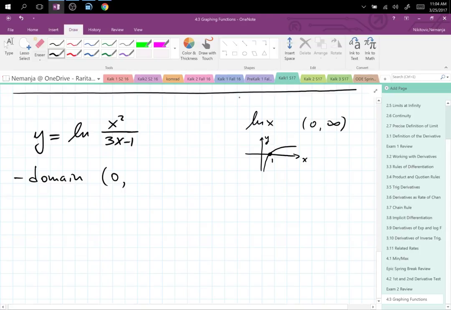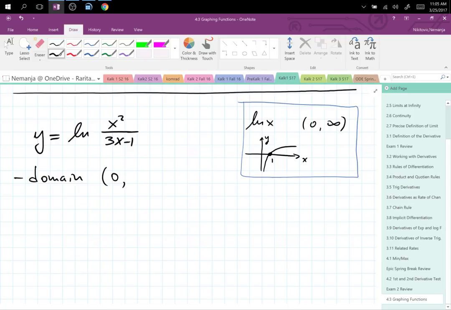This is what I consider common knowledge. We are trying to graph something much more interesting. Because x squared over 3x minus 1 is 0 when the numerator is 0, that means the domain starts at 0. Now, looking at the denominator, we're going to have an issue at 1/3, right? 1/3 is going to give us 0 in the denominator, and when we have 1/9 divided by 0, that explodes.